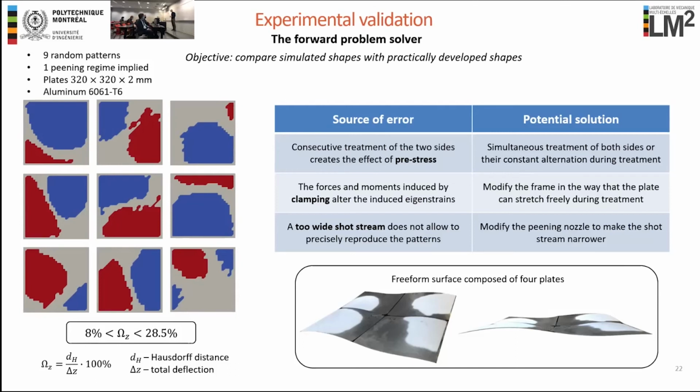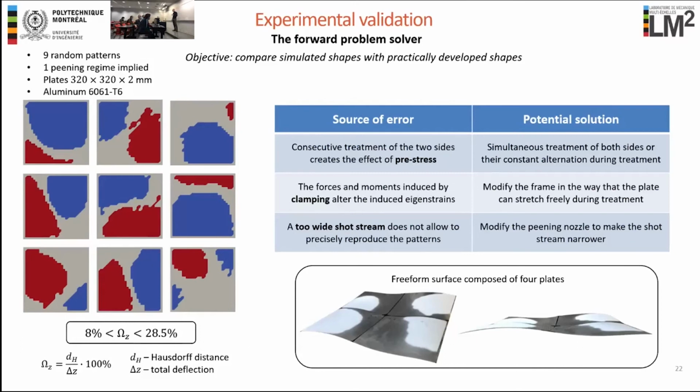The second source of error were the forces and moments coming from the clamping support. So, given that the intensity of peening was very high, the panels were undergoing a tangible expansion. And since they were firmly clamped by the support, there was a strong contracting force acting from the support, which once again altered the eigenstrain with respect to the simulated one.